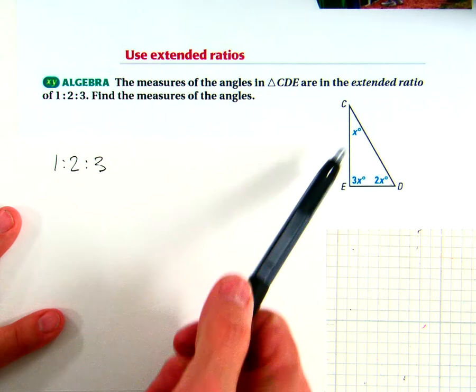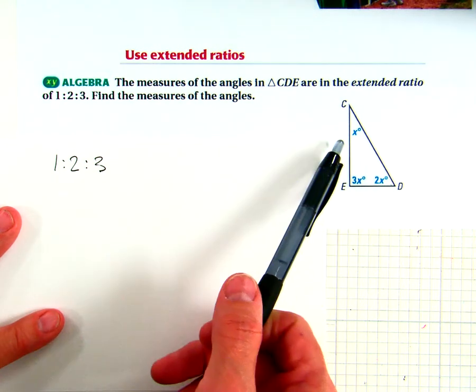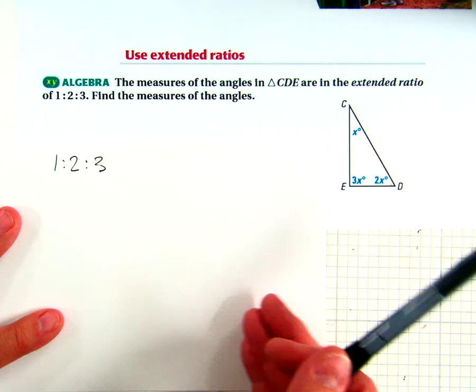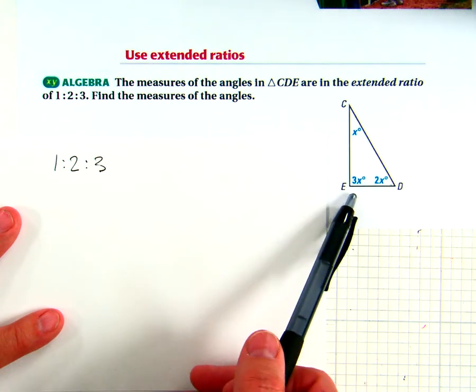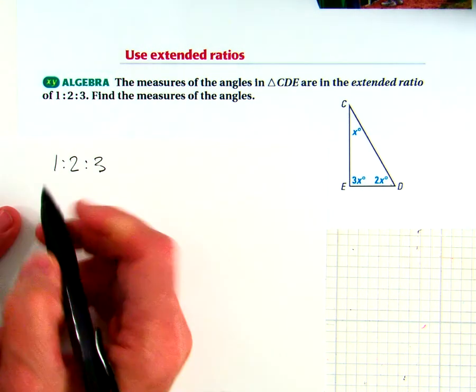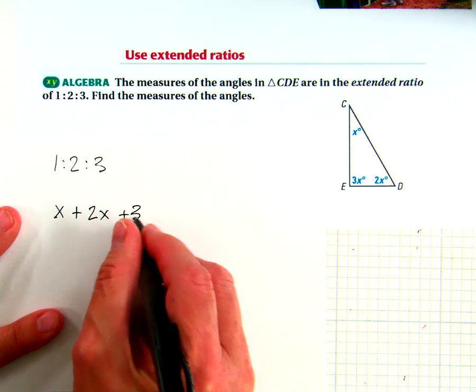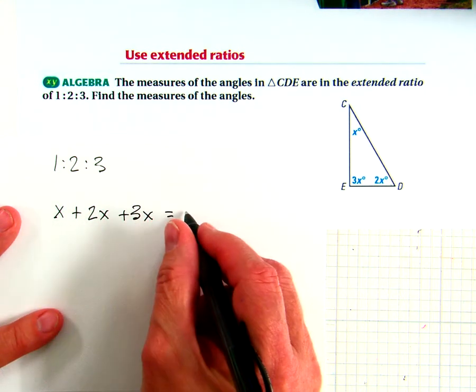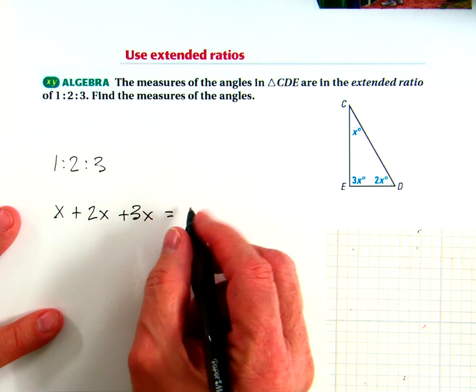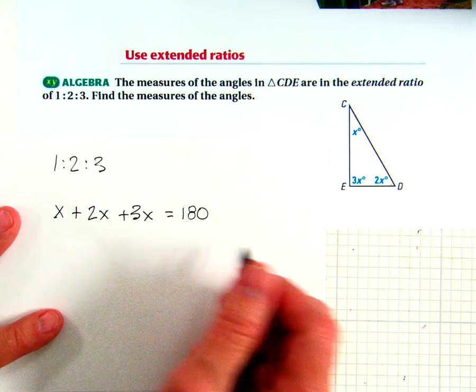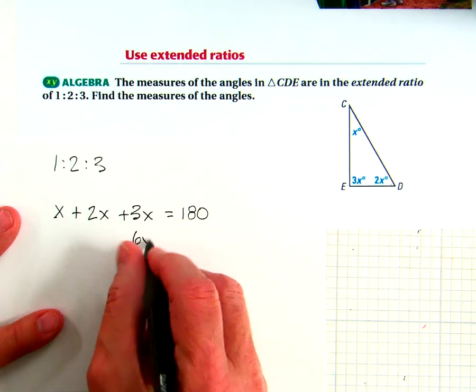We can represent the angles as they're represented here as x, 2x, and 3x. Of course, when you reduce that, all the x's go, and it's 1, 2, 3 is the ratio, which is the one that we need. So the angles are 1x plus 2x plus 3x, and we know from the triangle sum theorem that the sum of the angles of the triangle are 180 degrees.